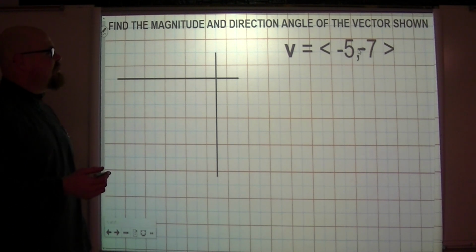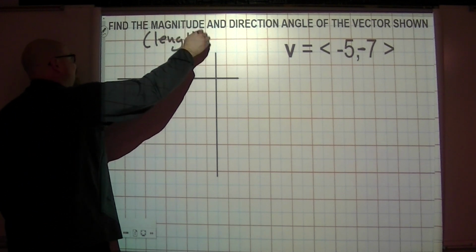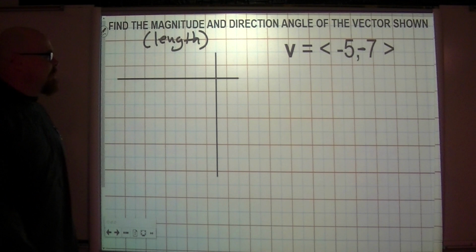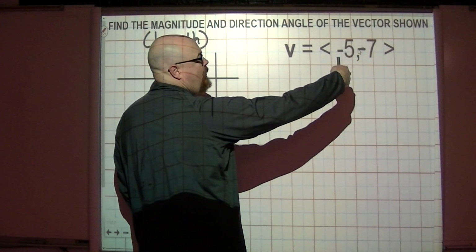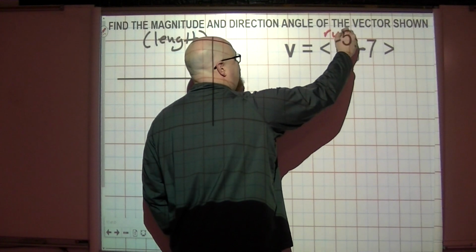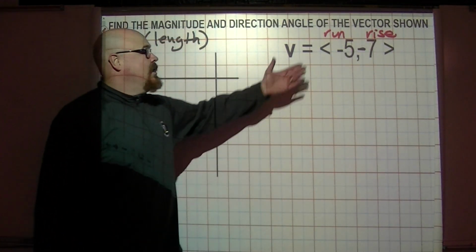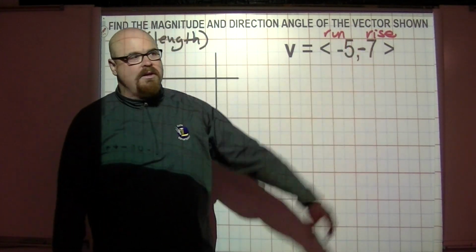But to find the magnitude, and remember magnitude is just a fancy word for length, to find the length of this vector and the direction, obviously we want to draw a picture for it. When you're given the component form of this vector, keep in mind that this is the run and this is the rise, right? The technical terms are horizontal component and vertical component, okay?